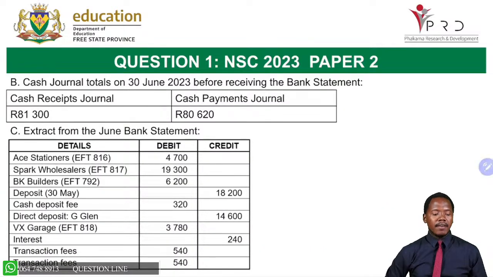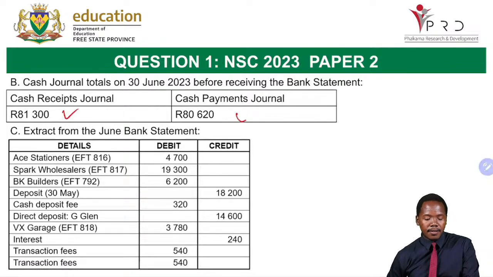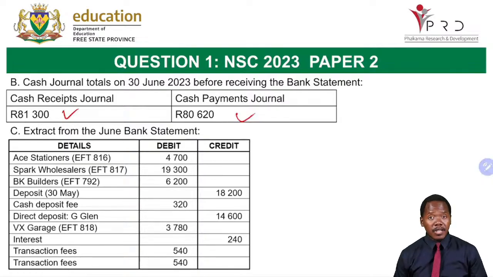Now, the next part, we're given cash journal totals for CRJ and CPJ. There we have our totals. And then we are given also our bank statement information or figures. There are our figures from the ACE Stationers, EFT 816, up until transaction fees 540. Okay.